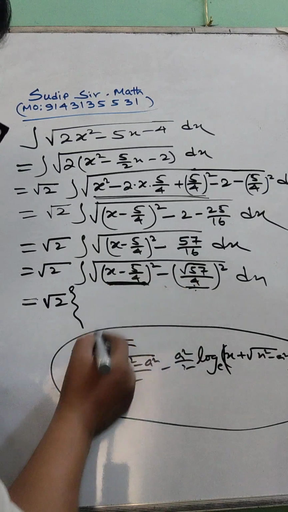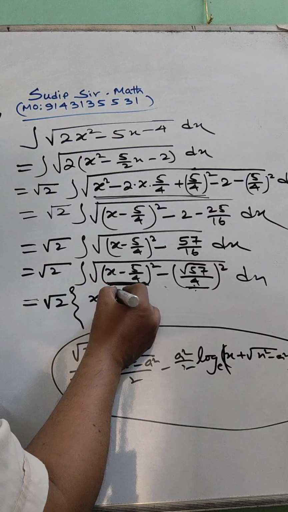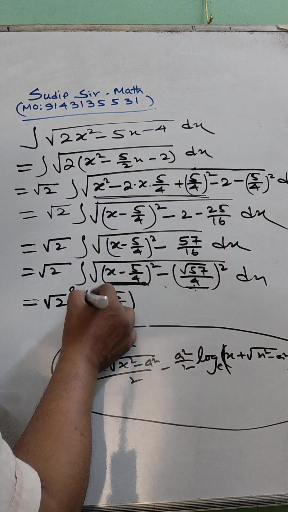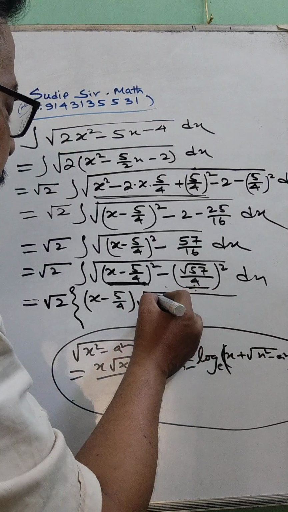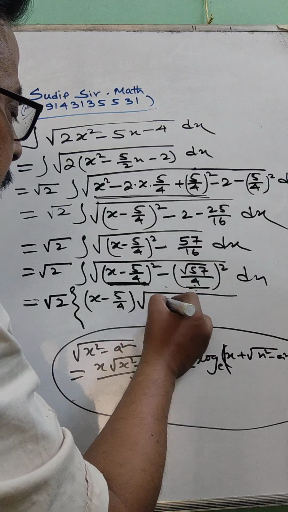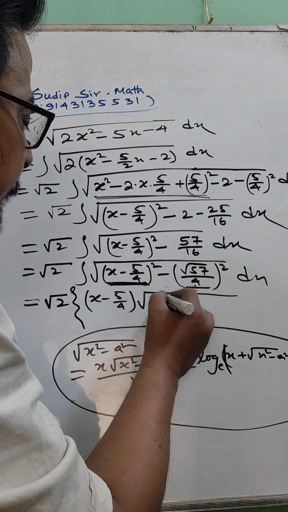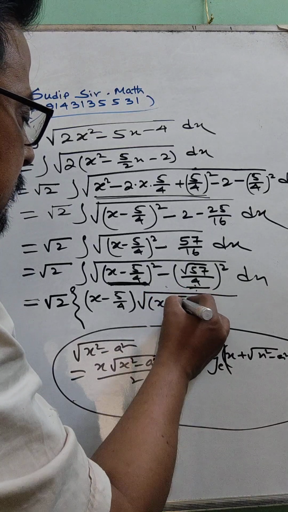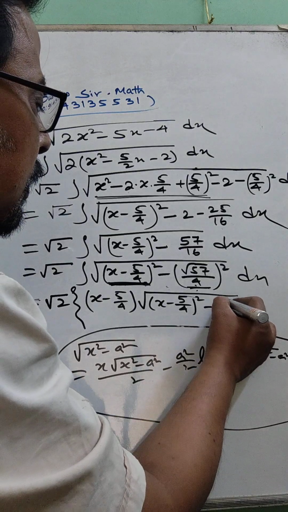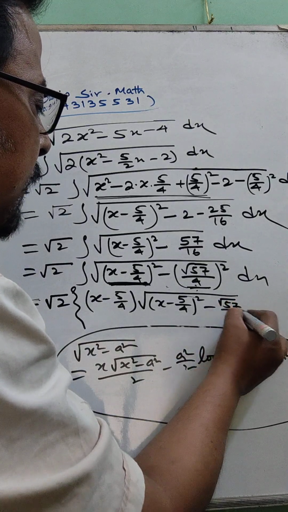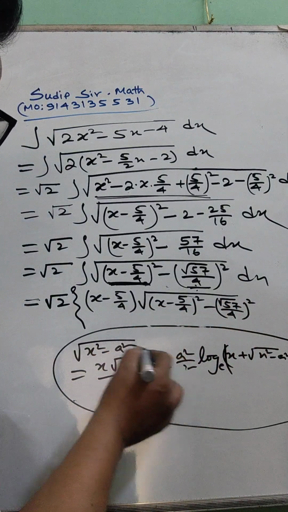So x means x minus 5/4, this is x. x root over of x square minus a square, that is (x minus 5/4) whole square minus (root 57/4) whole square. This part is over.